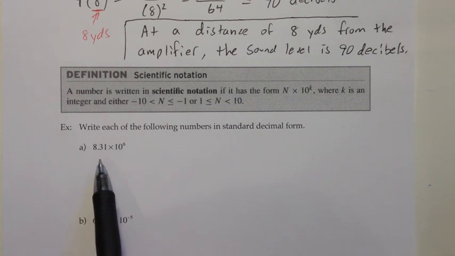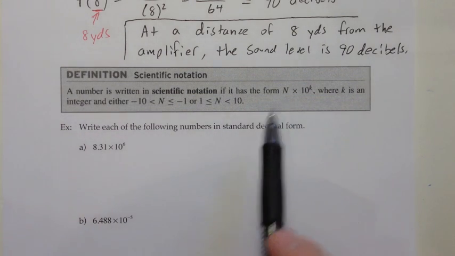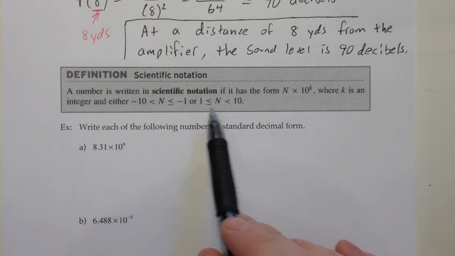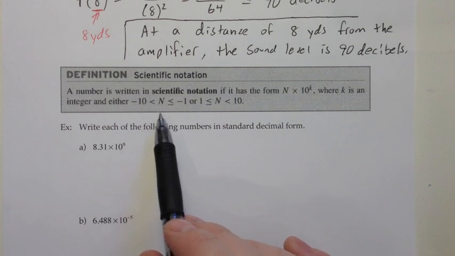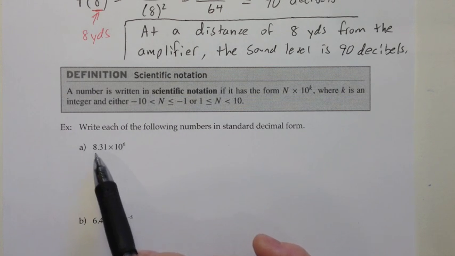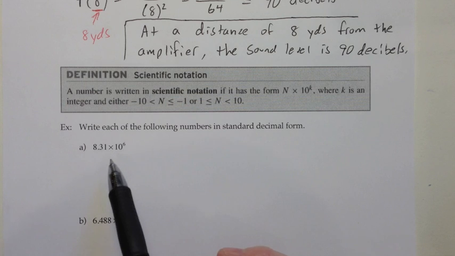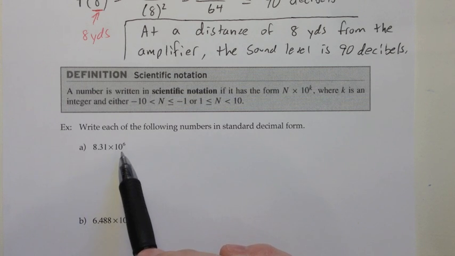So this number right here is in scientific notation because the number out front, which would be the n, is 8.31, and that's in between 1 and 10. This says the same thing, it just means it could be a negative number also, but basically we want the size of this to be somewhere between 1 and 10. And then it's written as times 10 to some power.